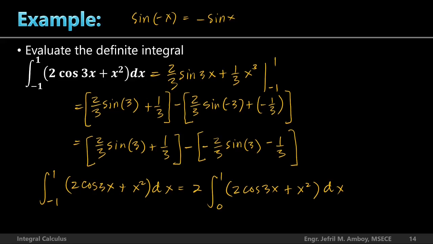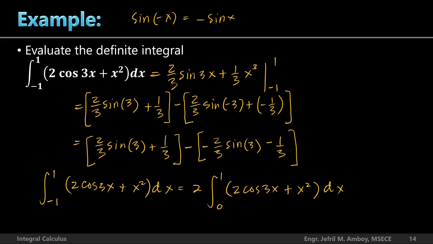Bakit? Kasi kita natin sa example na ito, kapag in-evaluate mo, it's as if itong unang term ay minultiply mo lang ng 2. Itong unang term na ito, yan yung integral from 0 to 1.